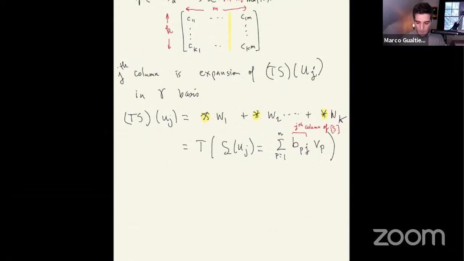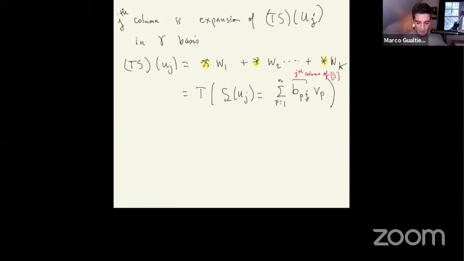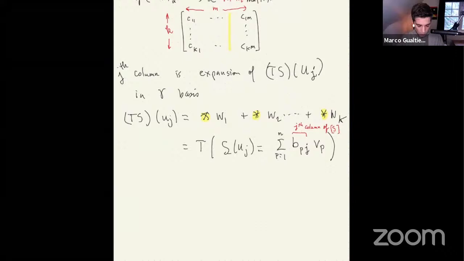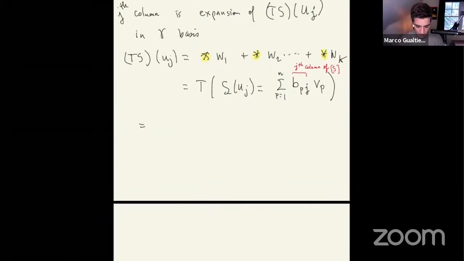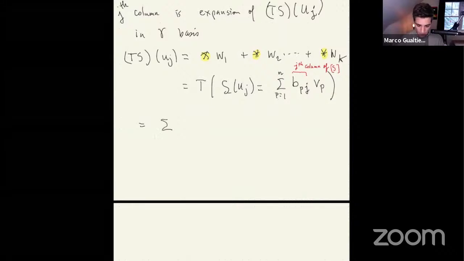Now I'm going to apply T to all of this. I'm going to use linearity of T. So this will be the sum from P equals 1 to N of Bpj times T of Vp.